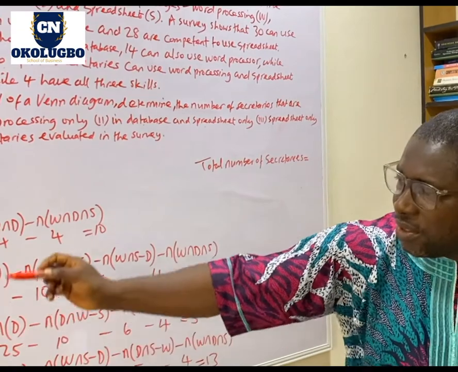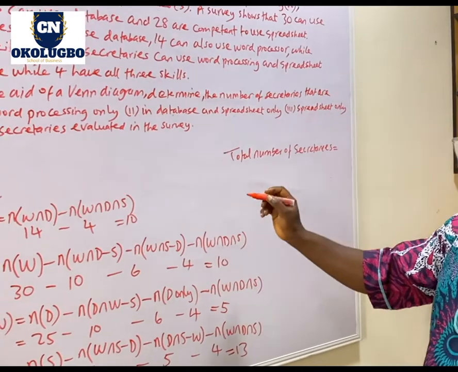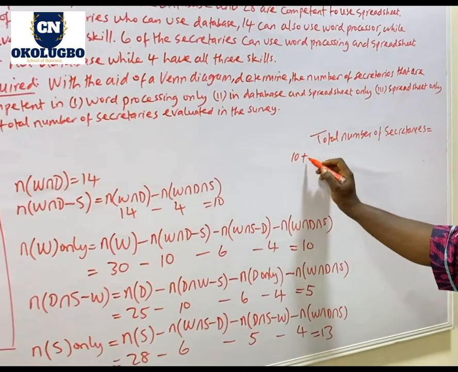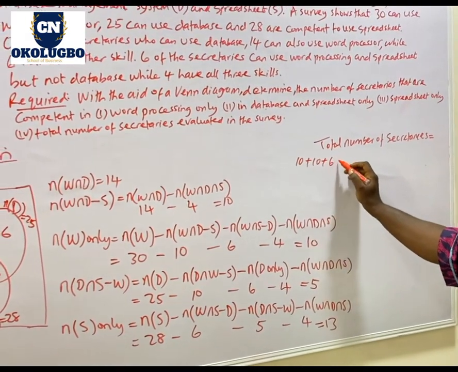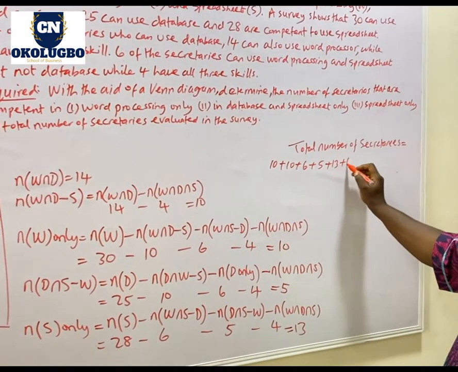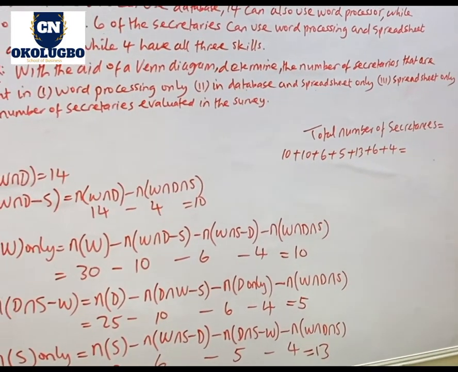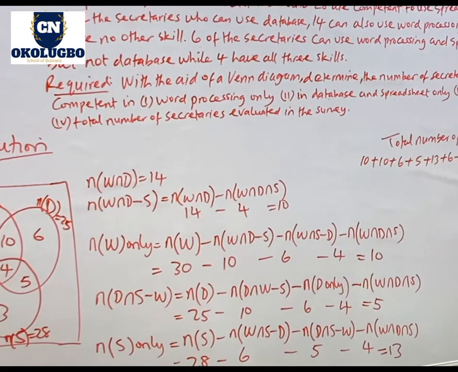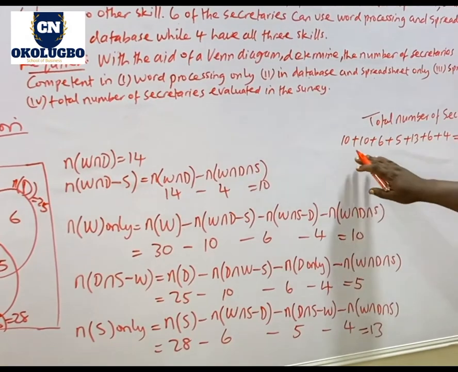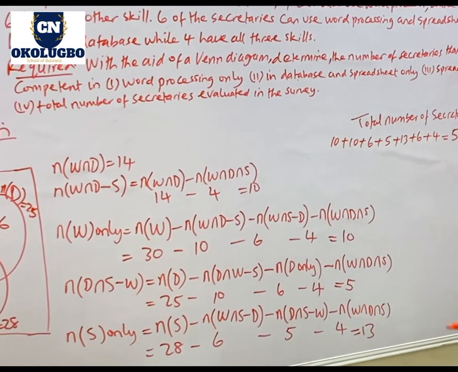We'll add all the sectors together. I'll go clockwise. So that will be 10 plus 10 plus 6 plus 5 plus 13 plus 6 plus 4. That should give us 54.